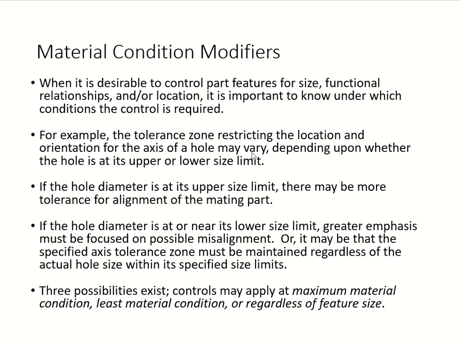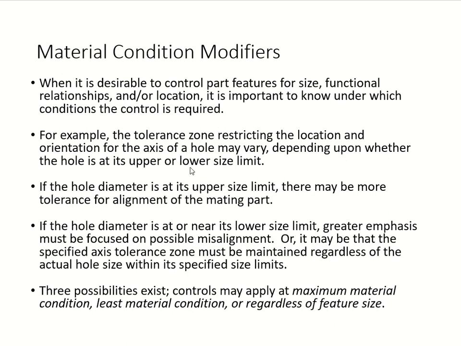So if you think about a hole, a hole is a circle, so there always is a center. Since you have a center, there's an axis. So everything has to be connected to each other. Since you have a hole with an axis, then orientation and location of that is very important. When we deal with location and orientation, here we go again, the dimension and the tolerance come with it. So you gotta understand whether the hole is at the upper part of your tolerance or the lower part of your tolerance.